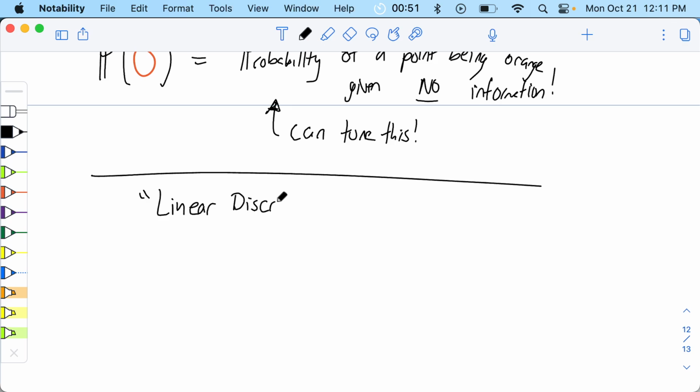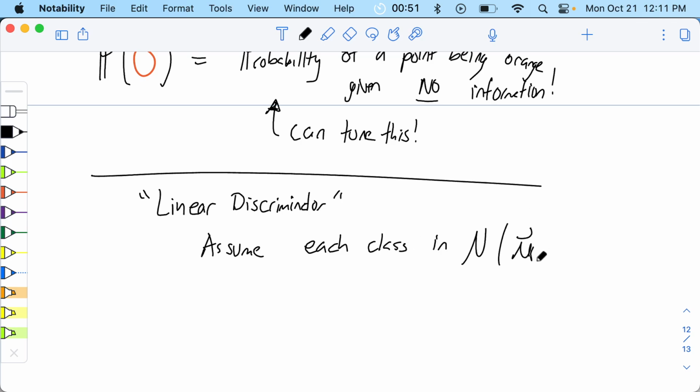In that one, you just assume that each class is the same Gaussian thing with different means, but the same variance. So sigma squared, let's say overall. You pick one sigma squared, and you can pick a different mean for each class.